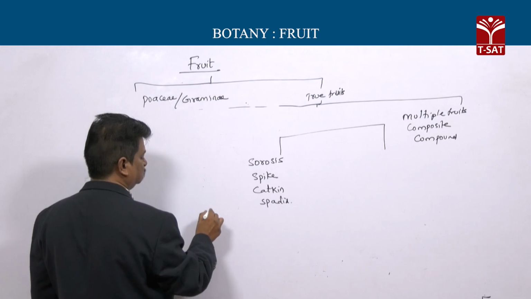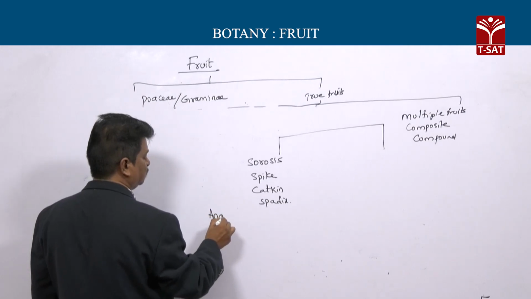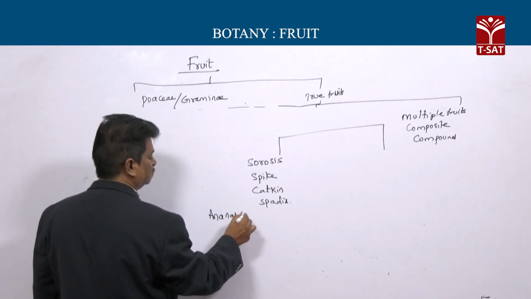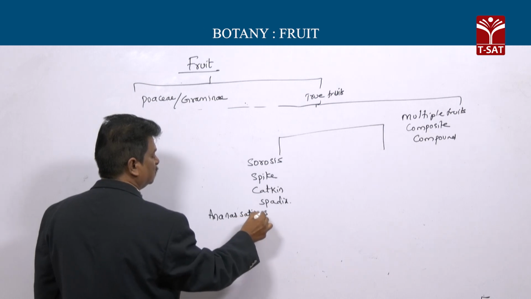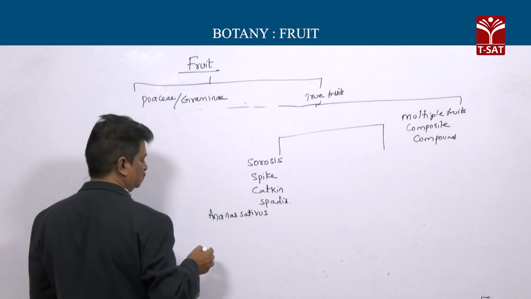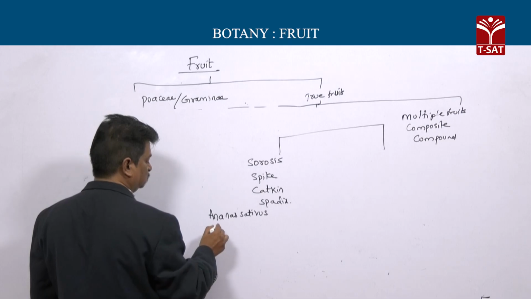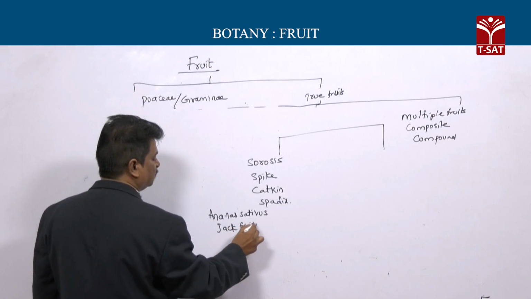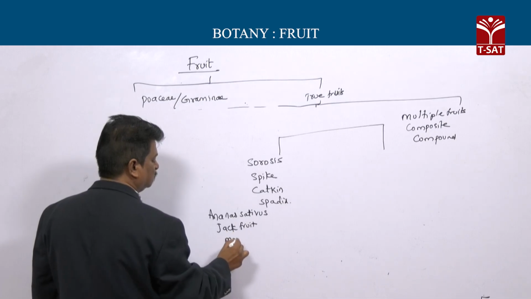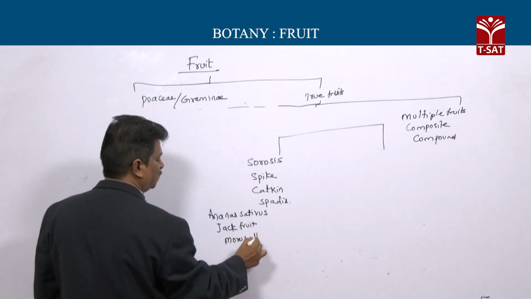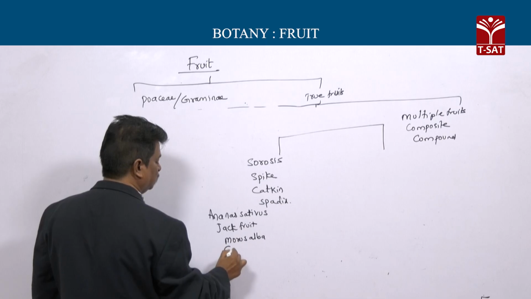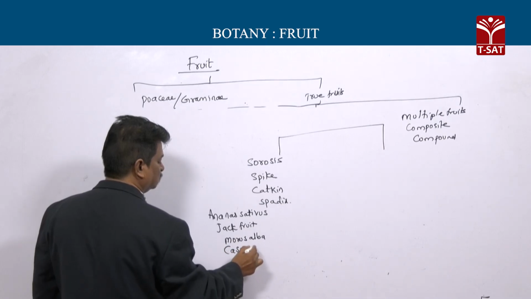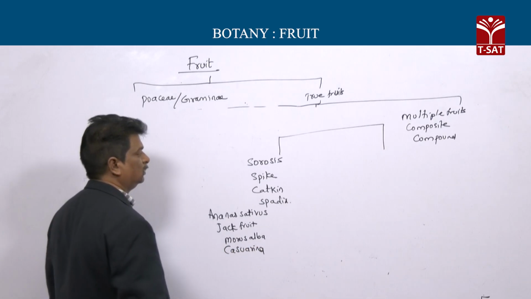Examples for sorosis: one is Ananas sativus, pineapple, and second one jackfruit, even mulberry.